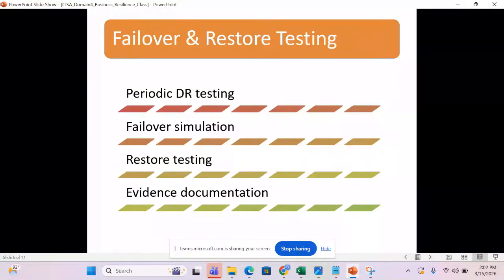When we speak to periodic disaster recovery testing, it means that if our system goes down today, have we tested it, to ensure that when the real event happens, we can quickly come up.